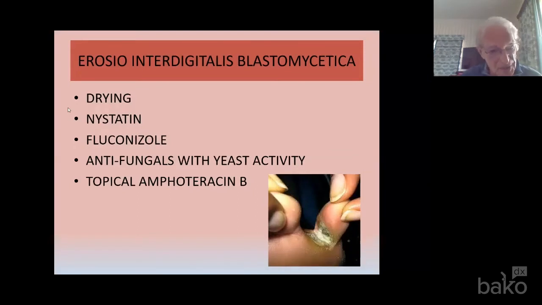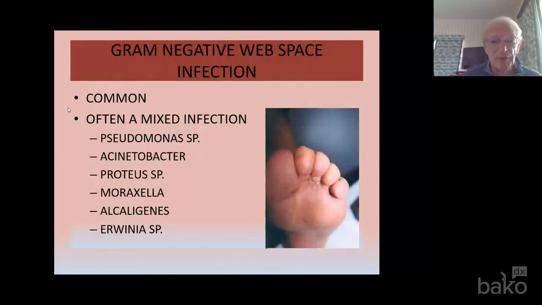So in treating candida infections between the toes, drying is important. You can use nystatin, you could use fluconazole, topical antifungals that have yeast activity, or topical amphotericin B. But again, the key here is identifying the infecting organism, not just looking at that and saying, well, I know that's erythrasma, or I know that that's just a typical fungal infection.